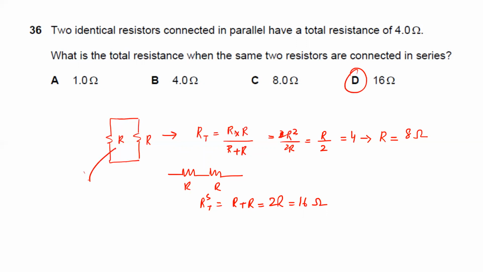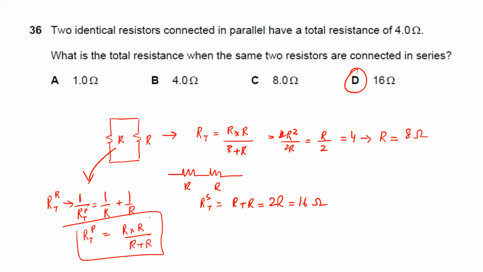Remember, in parallel, R total in parallel can be calculated by 1 by RT parallel equals 1 by R plus 1 by R. So if I have to calculate it, it will be R multiplied by R divided by R plus R. This is basically the formula I used here. So this is how it's done.